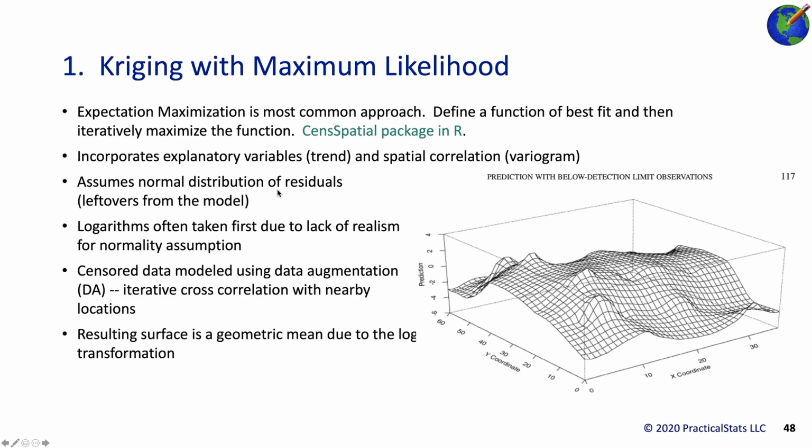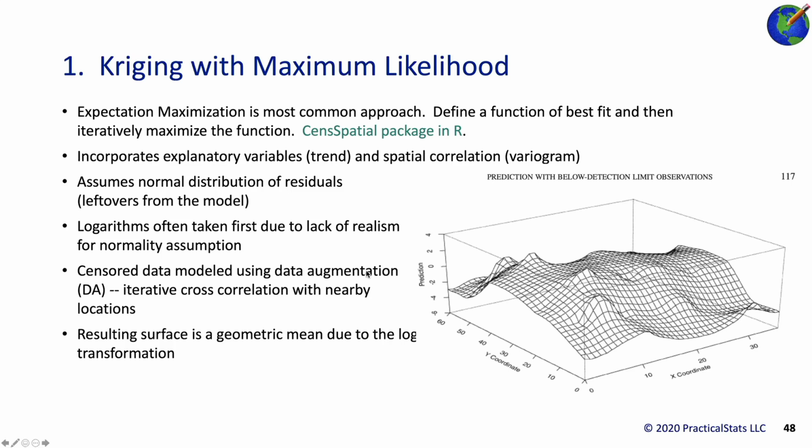It is a parametric procedure. Like other kinds of kriging, it assumes that the distribution around the surface of points is a normal distribution. That's often not the case with us. So it's often that logarithms are taken of the y variable before things are krigged, or in this case, censored kriging is done.